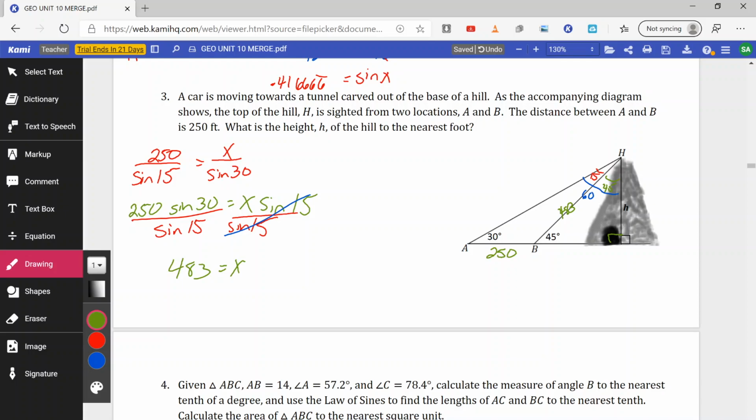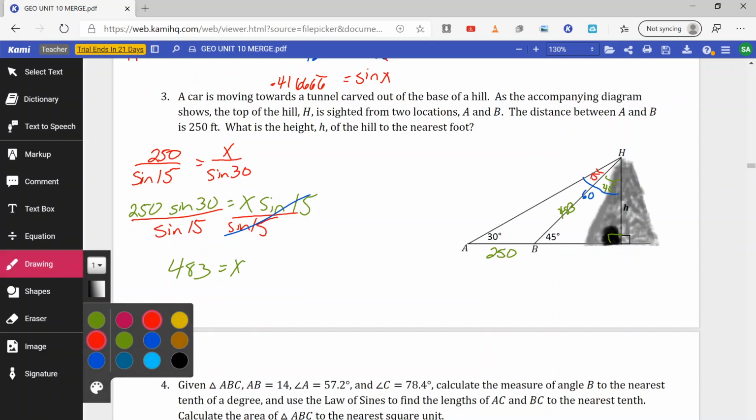So now we have one of our missing pieces, and hopefully we can figure out what H is. And again, we can use the law of sines for anything. So notice here we have the right angle and 483 feet. So we have angle and opposite side. Here we have angle and opposite side of H. So we can figure out what the height is.